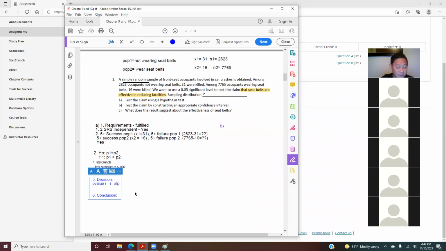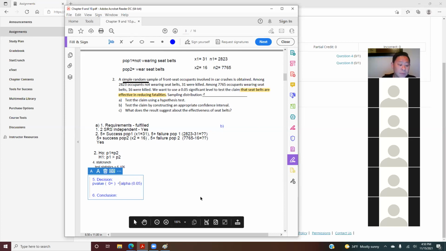All right, let's do the decision first. Skylar, can you tell me what is the p-value that you have in this case? 0 plus. Okay, and what is alpha in this case? 0.05. Okay, very good. Skylar, is this p-value less than or greater than alpha?